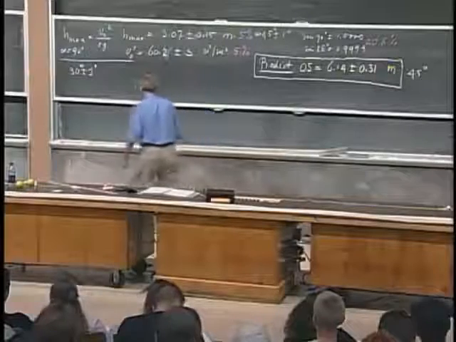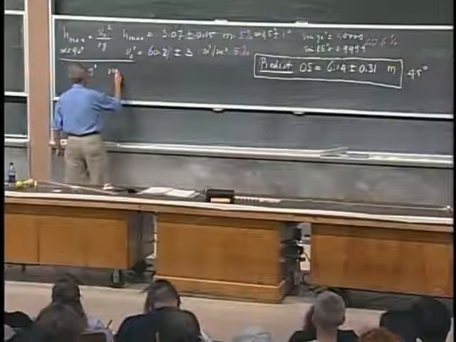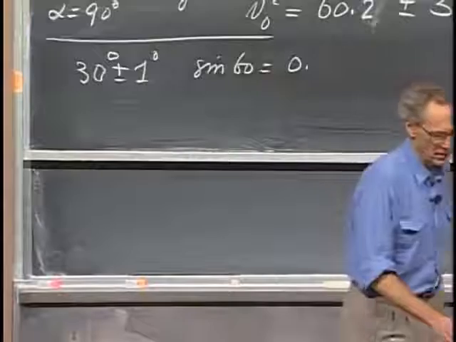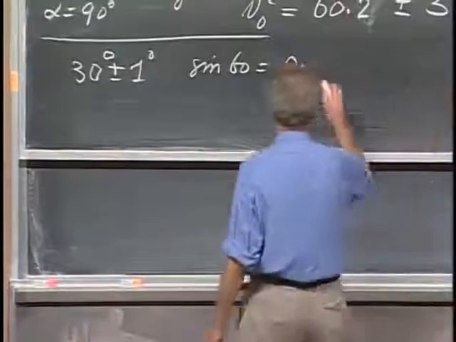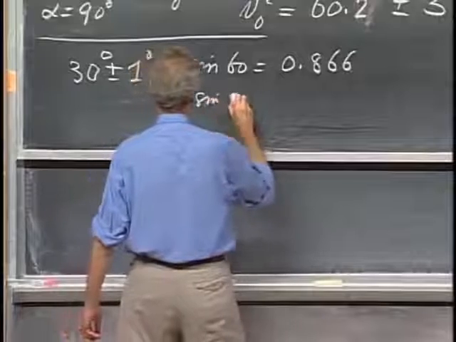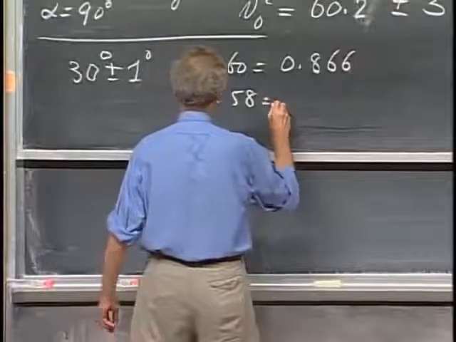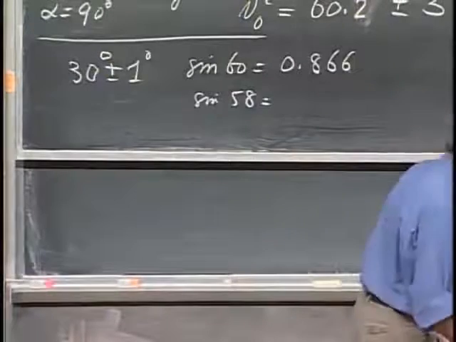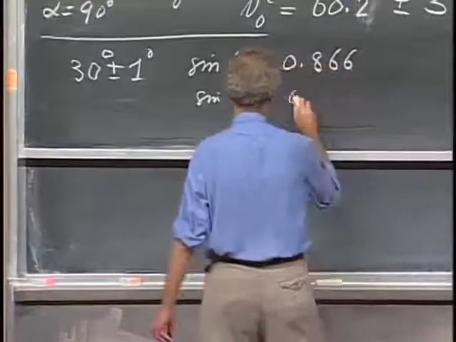Because the sine of 60 degrees, that's what you deal with. The sine of 60 degrees, I think, is 0.866. That's right. But the sine of 58 degrees, which is possible if I'm 1 degree under, is 0.848.